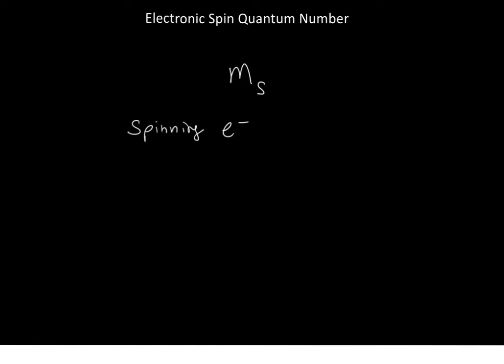Basically, you have your spinning electron. It can spin clockwise or counterclockwise. And because of that, there's only 2 values because you can either spin clockwise or you can spin counterclockwise. So the M sub s values are either plus 1/2 or minus 1/2.